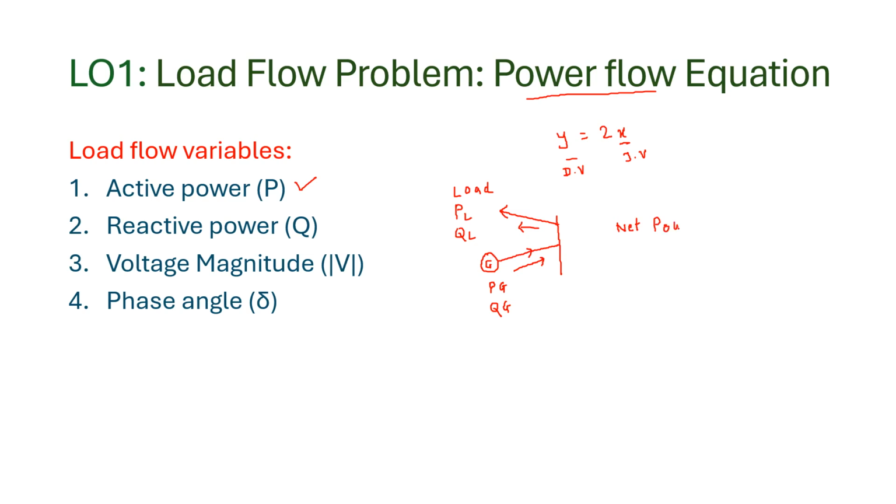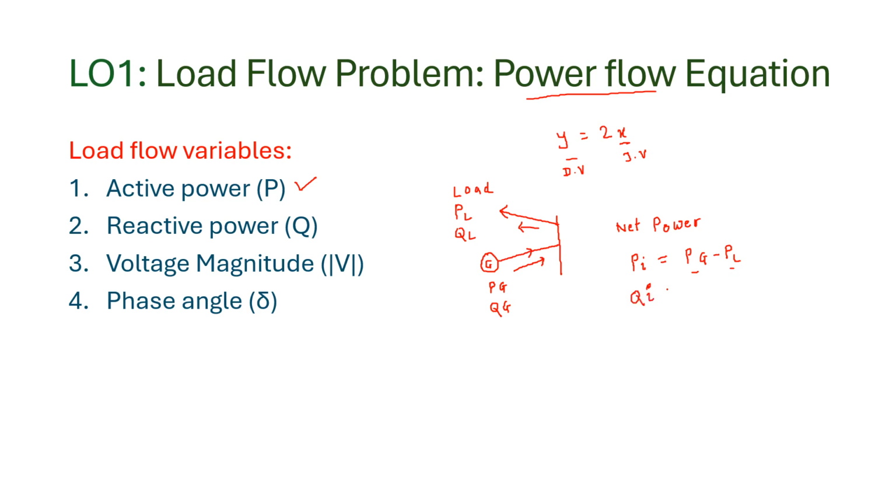Let the net real power injected in the system be defined as Pg minus PL, where Pg is the generator real power injected in the system, and PL is the load real power. So the difference between these two will give you the net real power injected in the system.